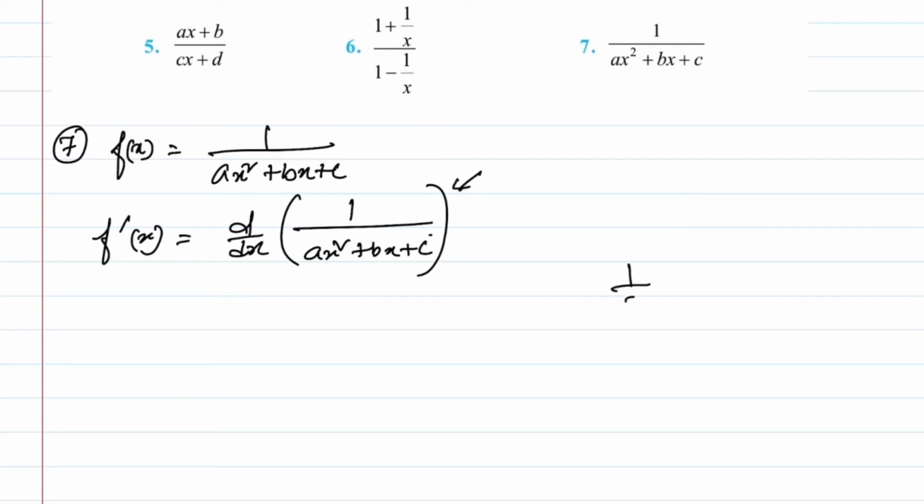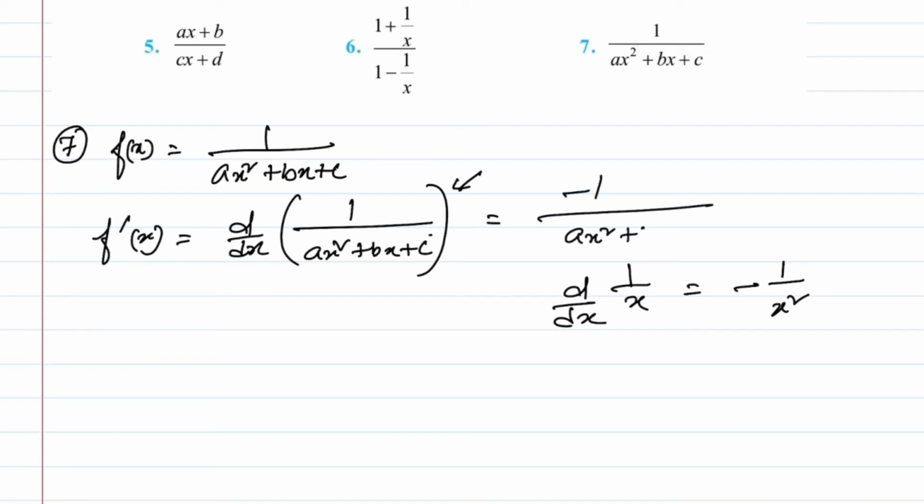Considering this as 1 by x, we know the derivative of 1 by x is minus 1 by x square. So it must be minus 1 by ax square plus bx plus c whole square. But as you know, this is not 1 by x, so you have to differentiate this denominator again.